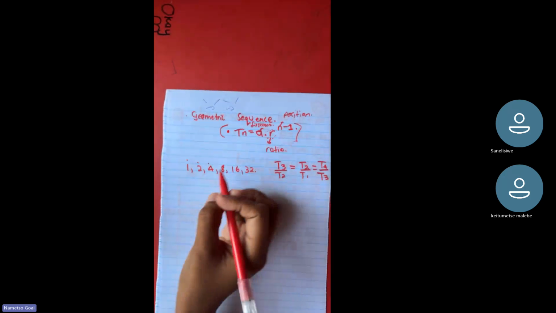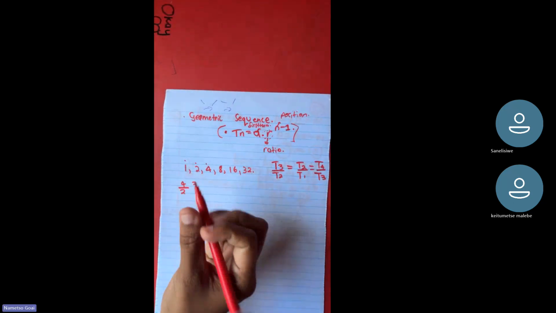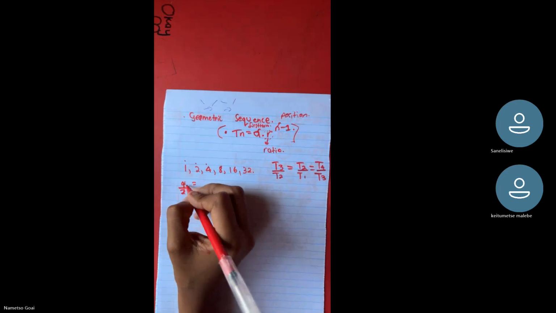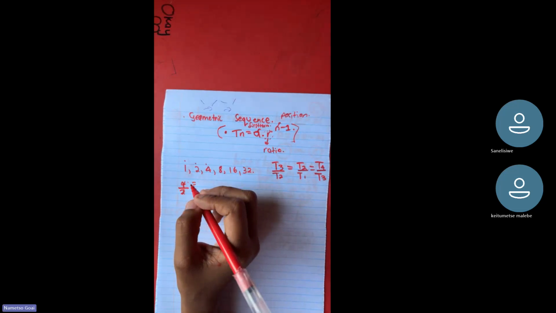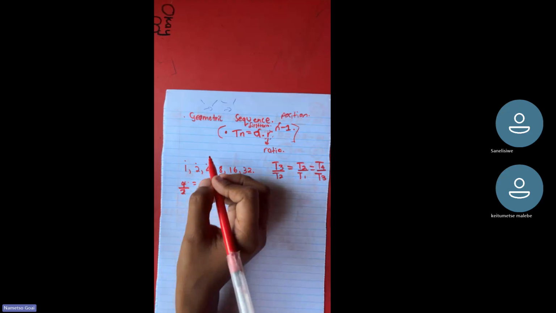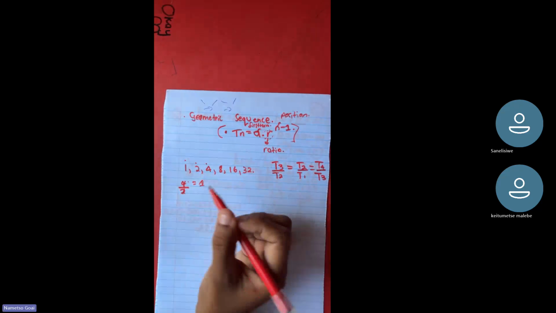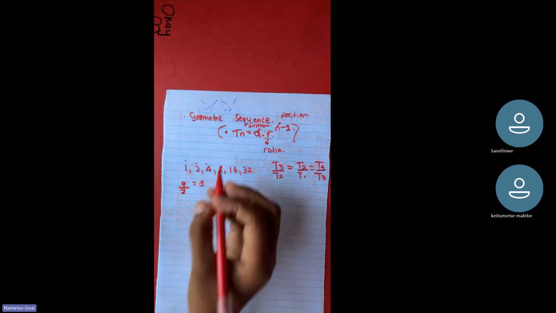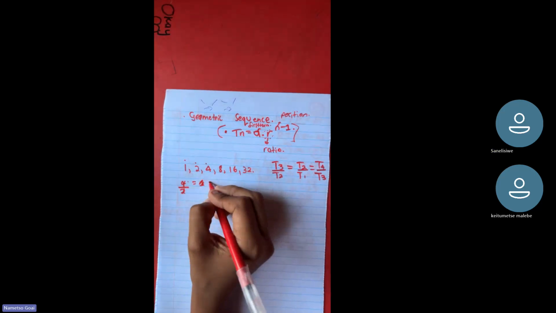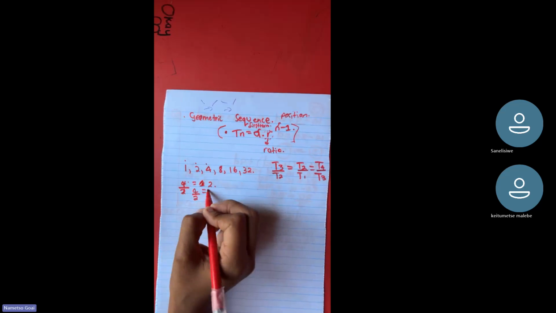So when you get the ratio between these terms, 4 divided by 2, it is 2.